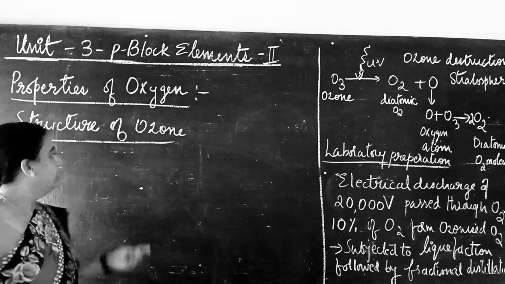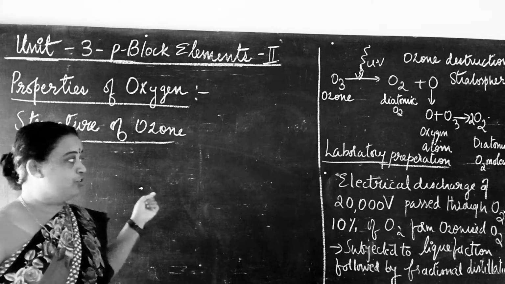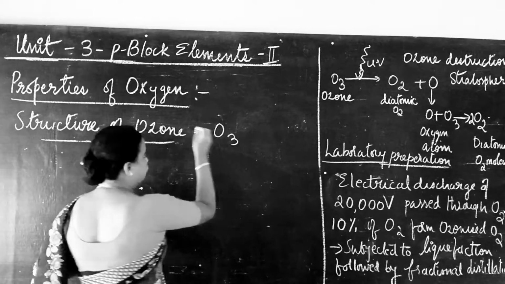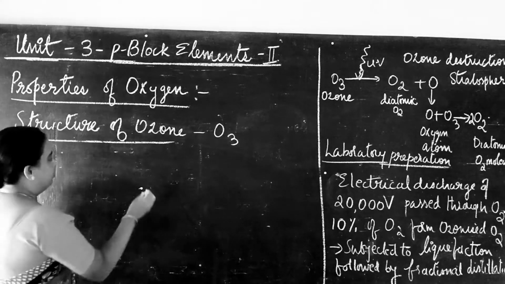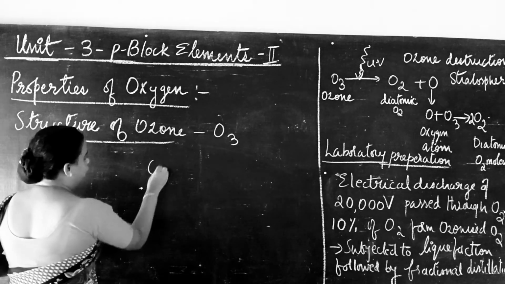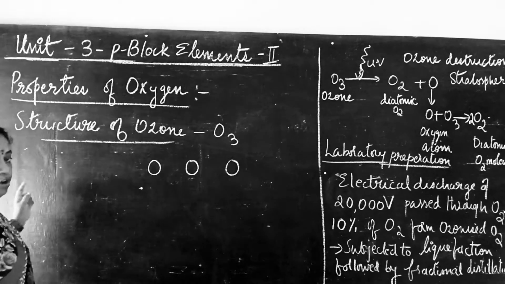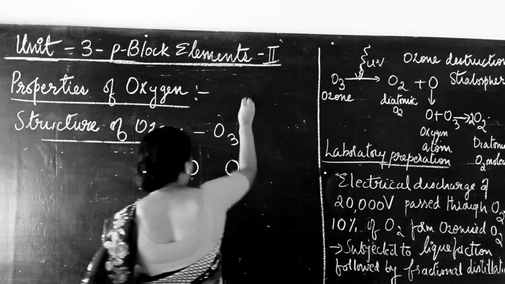Now let us see the structure of ozone. Ozone is O3, three oxygen atoms. So I just write the three oxygen atoms. Oxygen belongs to the 16th group.